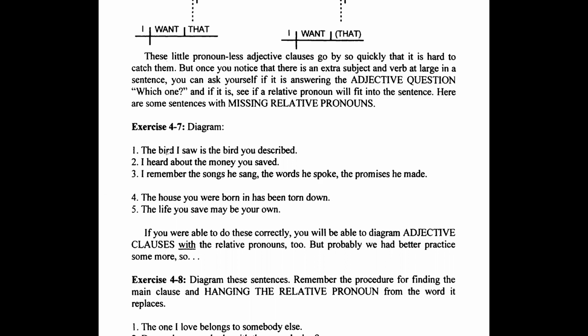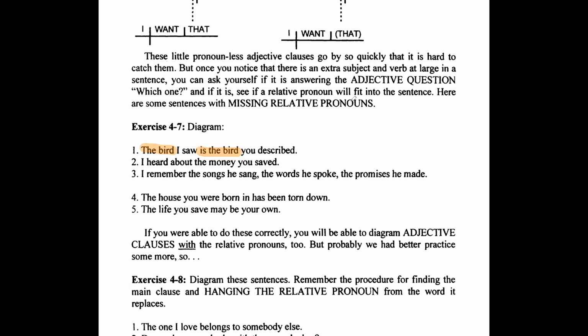The bird I saw is the bird you described. Where's the main subject? The subject, the bird. Where's the verb? The bird I saw is, right?